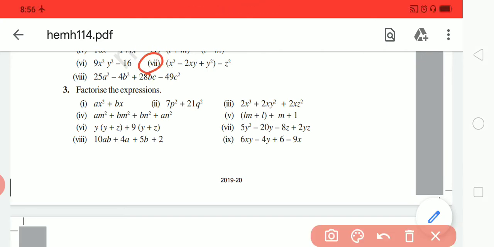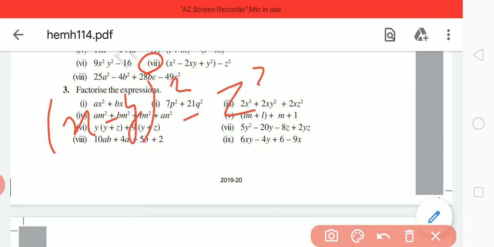You can see here we have given x square minus 2xy plus y square minus z square. Let us remind one identity, that is a square plus b square minus 2ab, that is (a minus b) whole square. So instead of x square minus 2xy plus y square, we can write (x minus y) whole square minus z square, right?